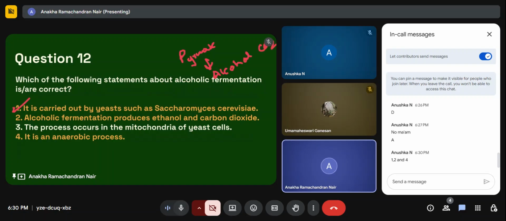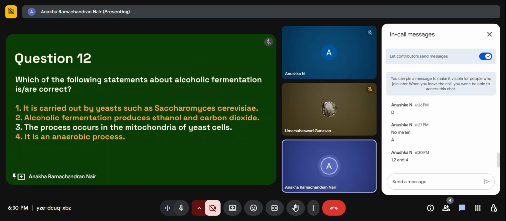It is an anaerobic process. It does not require the presence of oxygen. The process occurring in the mitochondria of yeast is not correct. It occurs in the cytoplasm of yeast, right? So only 1, 2, and 4 are correct.